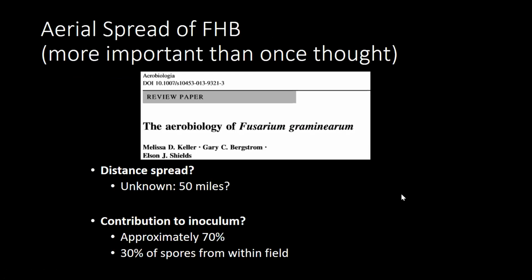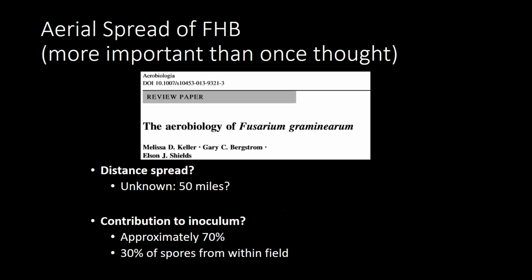So they shower themselves onto plants, onto fields. And this means that it's not a local field to field issue, it's a regional issue. As long as we're producing lots of corn, small grains, other things, there's just going to be a lot of potential inoculum that can move and still deposit itself on your field.